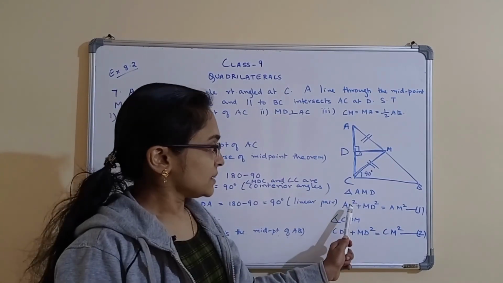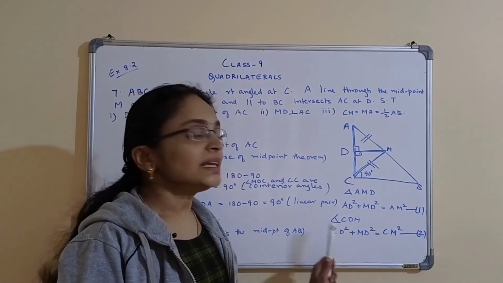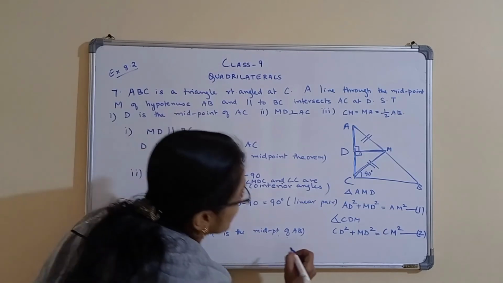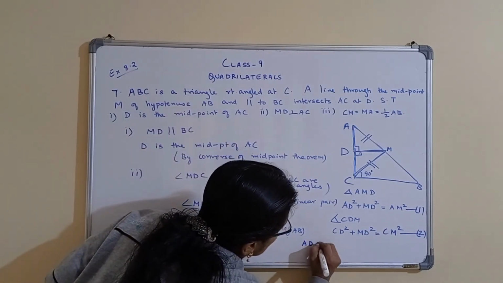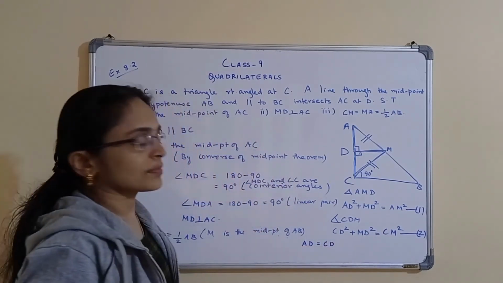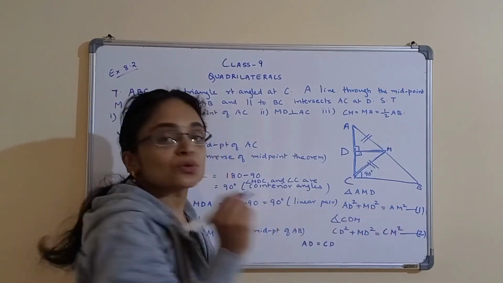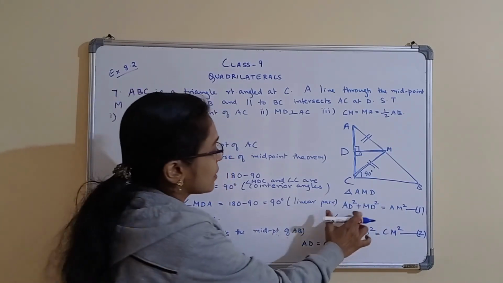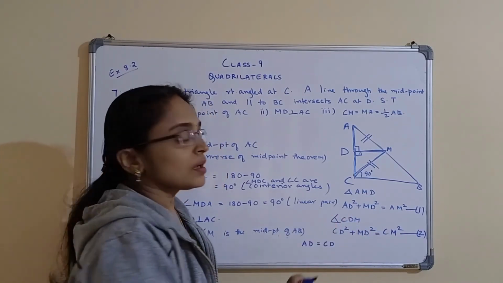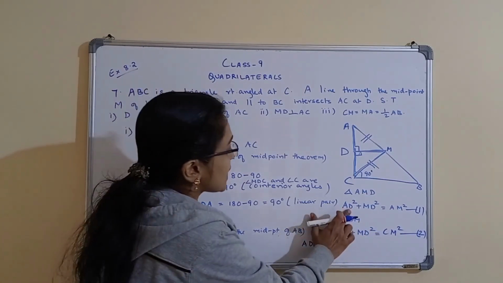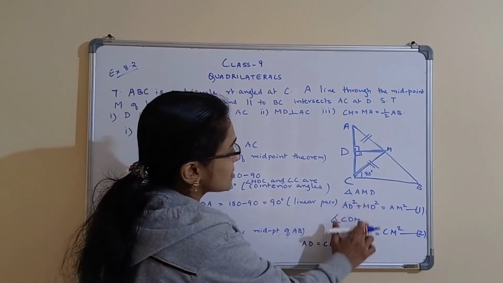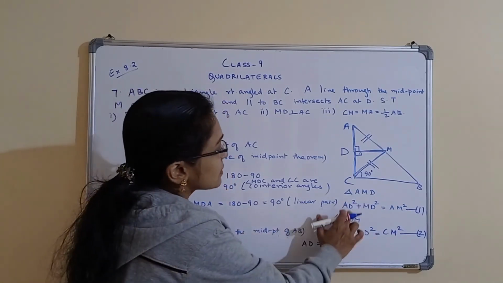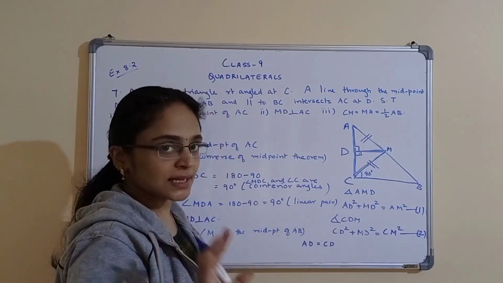But we know that this AD is equal to CD. Which means these two equations are same, right? AD is equal to CD and this is plus MD square. So on the left hand side, this AD is equal to CD and this term is same. Which means this left hand side is the same.